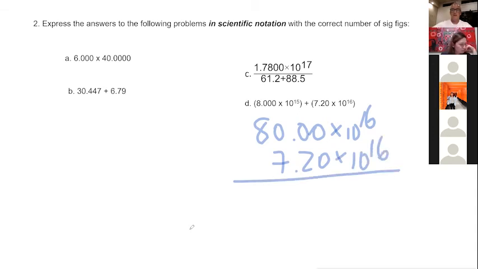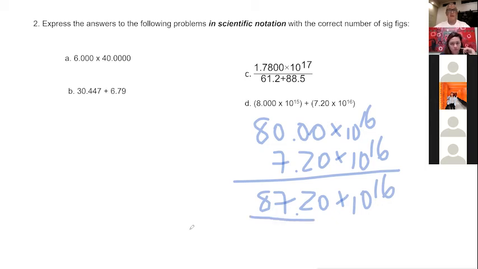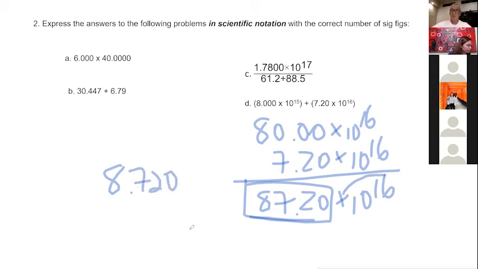So when I added these two, I'd have 87.20 times 10 to the 16th. But we can't have a number bigger than 10 here. It's got to be between 1 and 10, right? So I divide this part by 10, and I get 8.720. And since I divided that part by 10, I need to multiply.